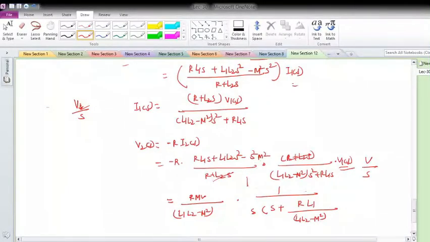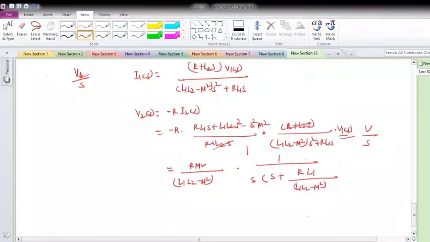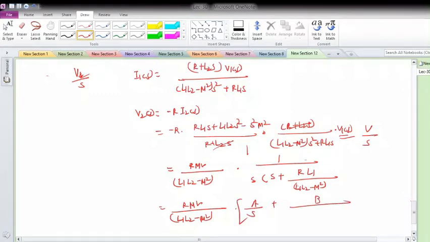If you simplify, you will get this. Now what next? I will go with the partial fraction, so it will be R M V over L1 L2 minus M square, A upon s plus B upon s plus R L1 over L1 L2 minus M square.